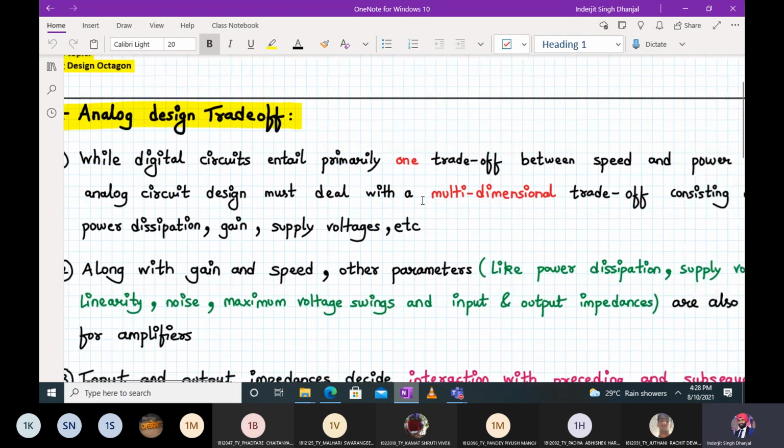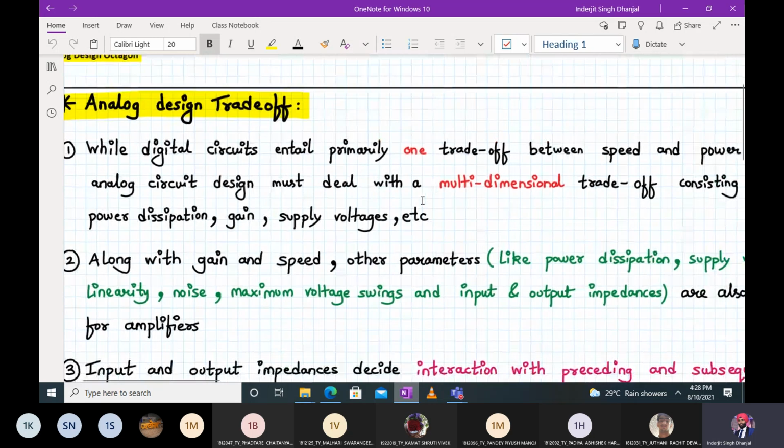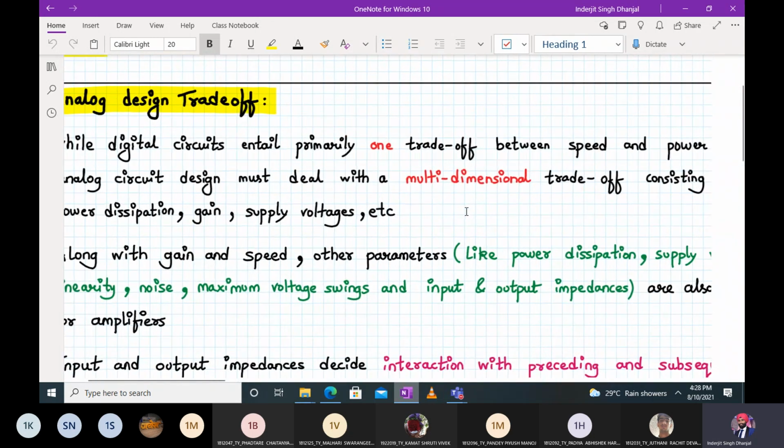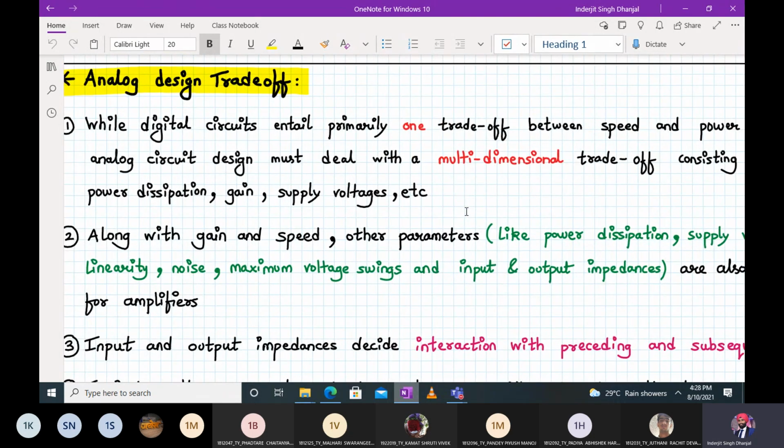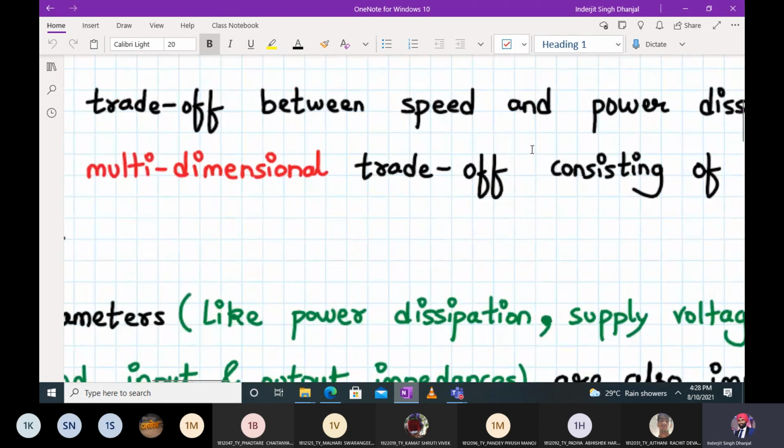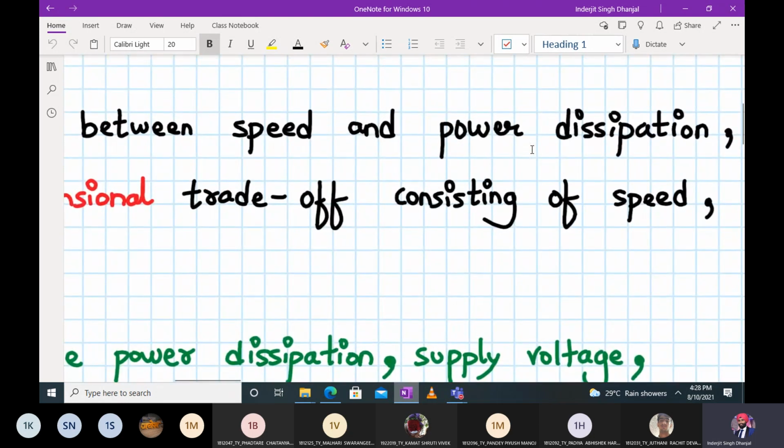I hope the screen is visible. I will read a few statements and we'll go back to what they mean. In digital circuits, there is a trade-off mostly between speed and power dissipation.